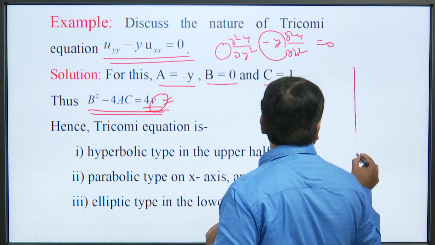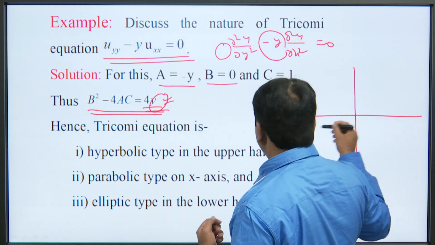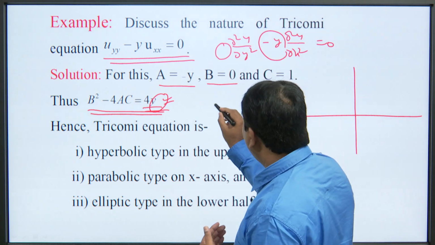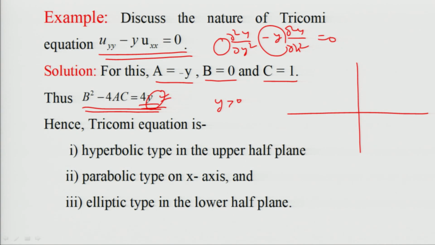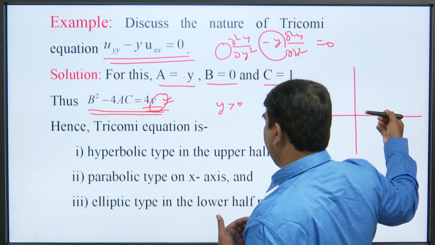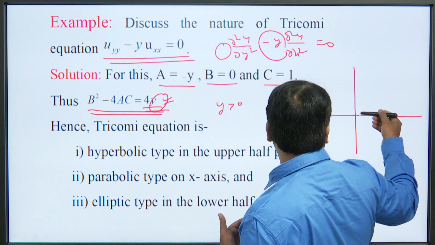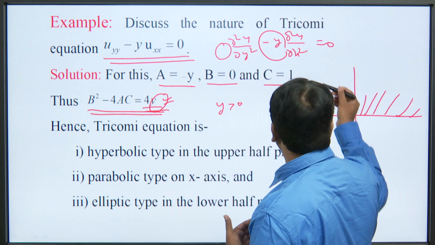So, if we see the 2 dimensional x y plane, here if y is greater than 0, it means the value of y is positive. It means for the upper half plane, b square minus 4 a c is greater than 0.